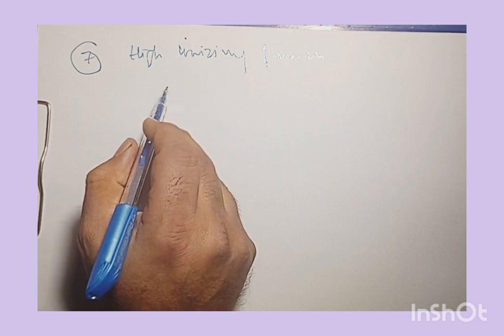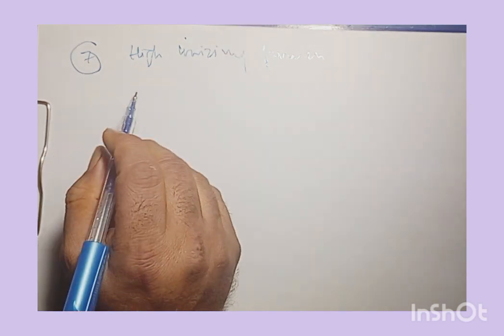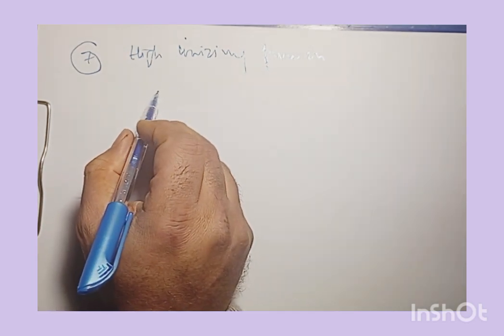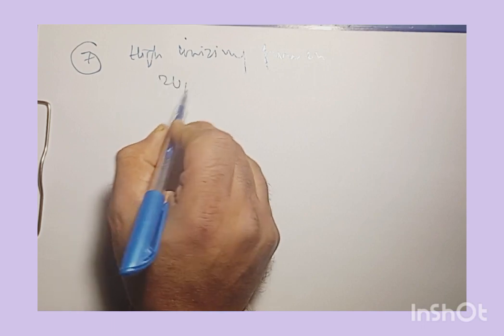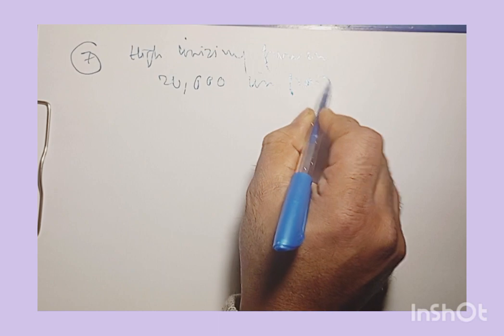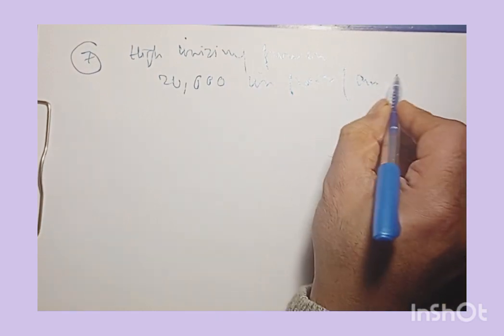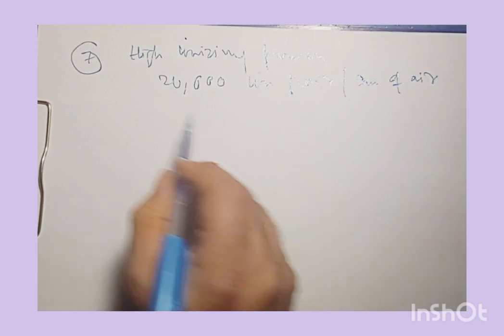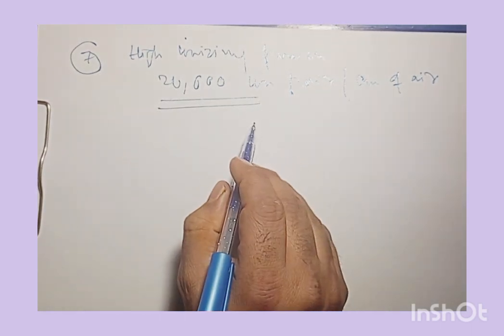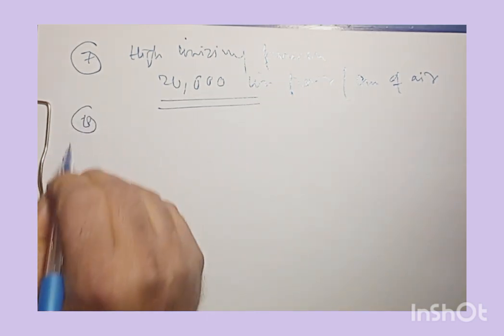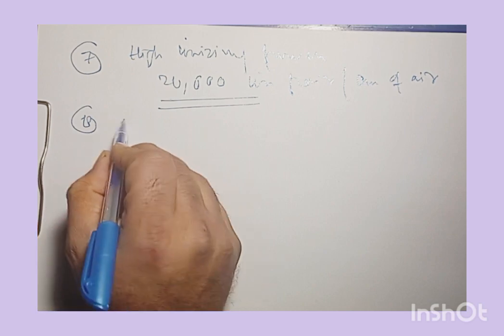Roughly, they produce about 20,000 ion pairs per centimeter of air through which they pass. And they certainly do affect photographic plates.